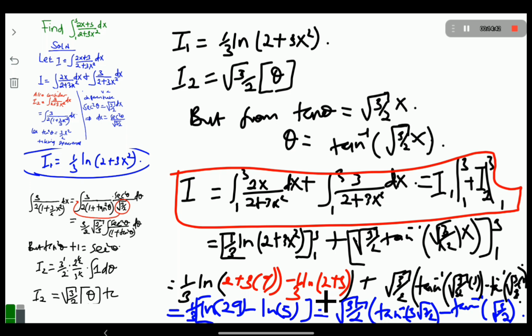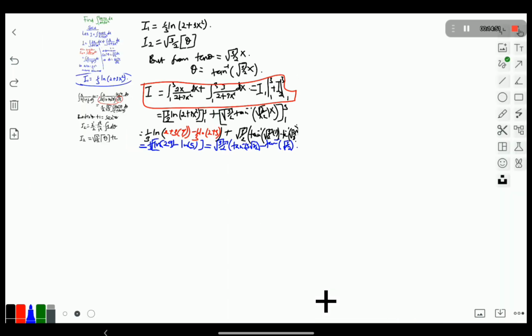And generally we are almost at the answer; it's a matter of just writing it well.